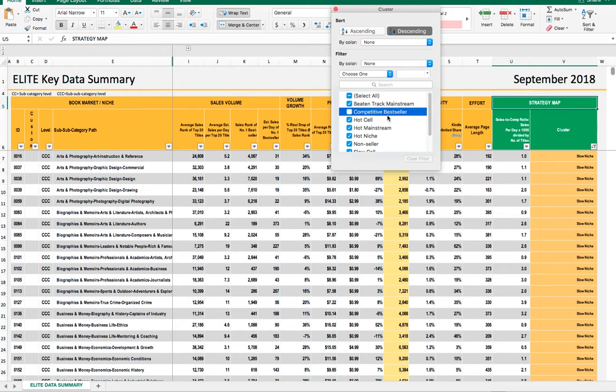Followed by competitive bestseller, which I classify as the land of the giants, the land of the Big Five, the huge market share, blockbuster authors that are perennially on every list. They are a lot of times going to be there, as well as the go-to genres. So those are going to be your top-level mystery, thriller, suspense, romance, science fiction.